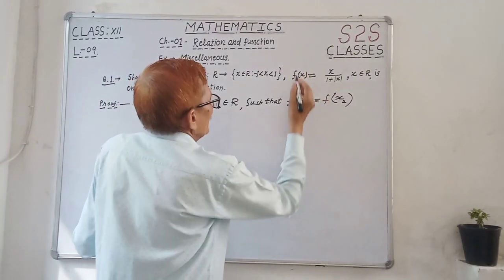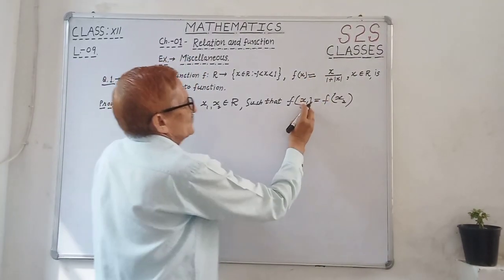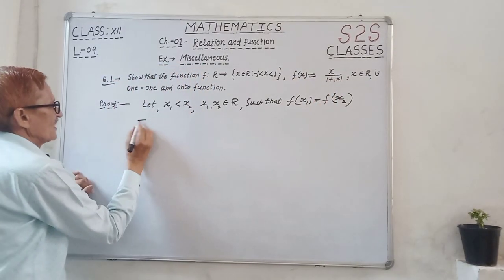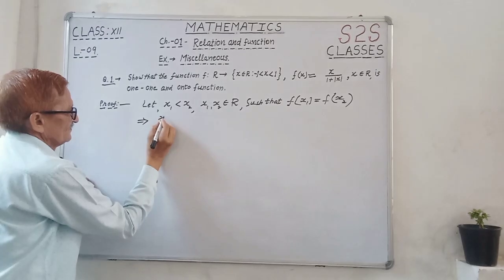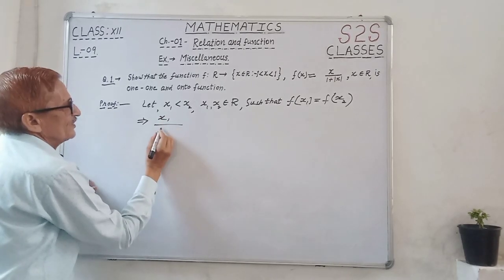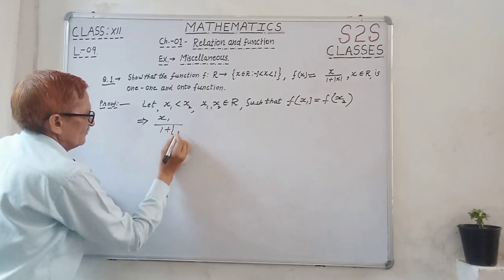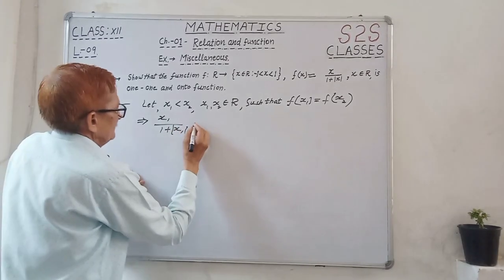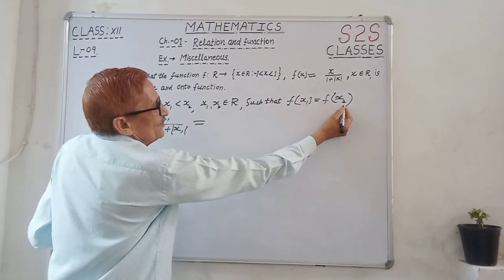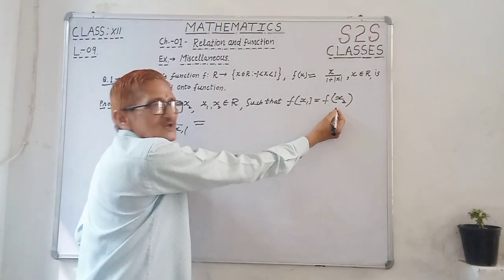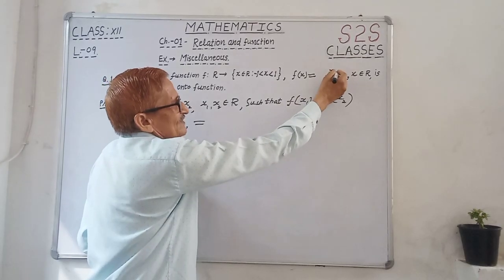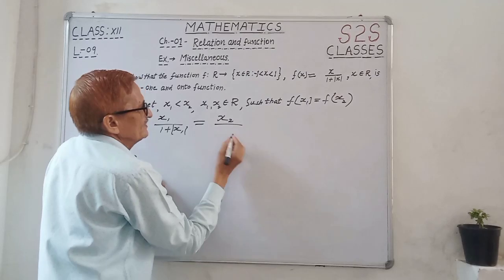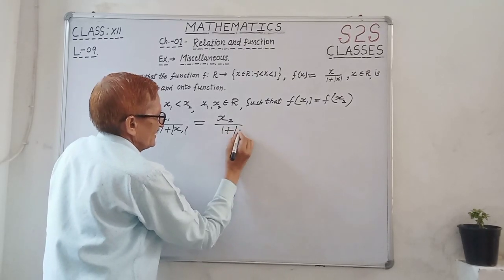Okay, now put here f(x1), means in the function put x value x1, so f(x1) equal to x1 upon 1 plus mod x1, equals f(x2). f(x2) means putting x value x2 in the function, so the function will be x2 upon 1 plus mod x2.